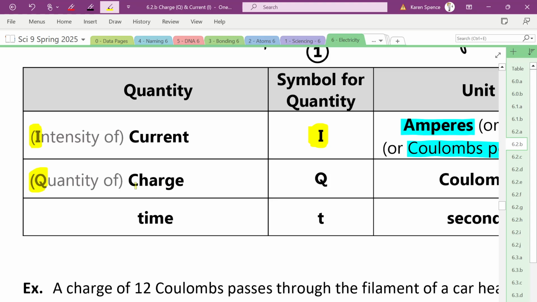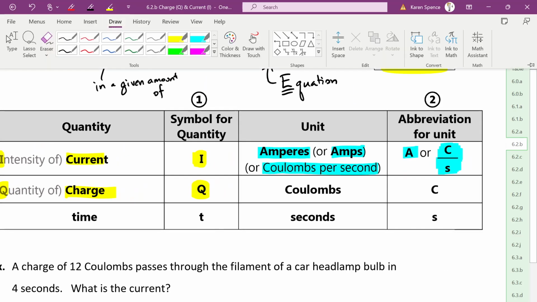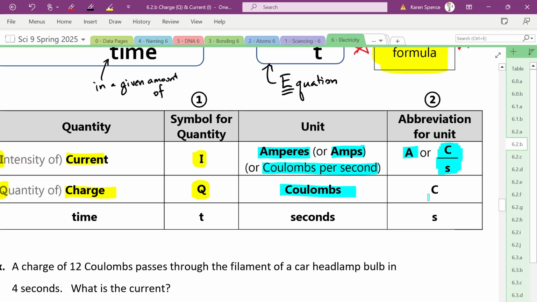Quantity of charge is Q. Its unit is coulombs, abbreviated C. And of course, we all know already time, little t. Remember, time is lowercase t. Okay, and we measure that in seconds, and it is S.